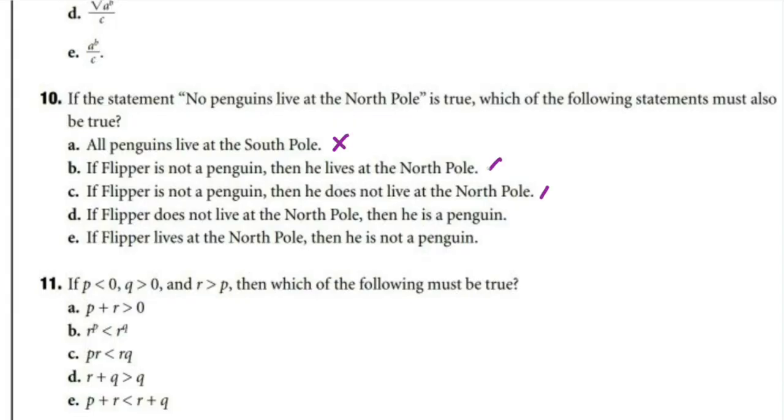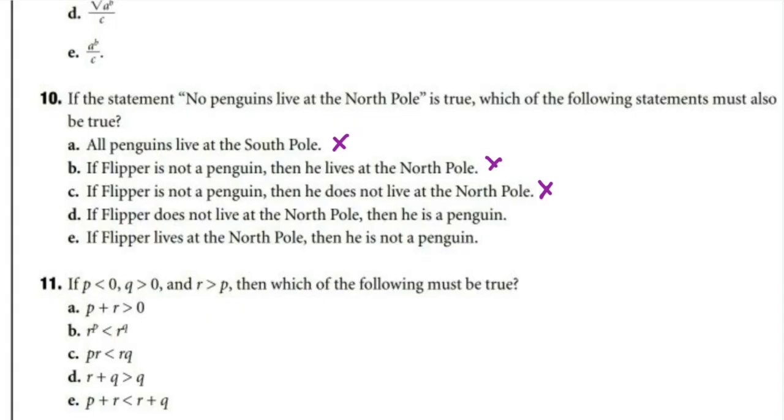Okay, not this one, not this one, not this one. If Flipper does not live at the North Pole, then he is a penguin. If Flipper lives at the North Pole, then he is not a penguin. So which one here? No penguins live at the North Pole, so anything that lives at the North Pole must not be a penguin, right?